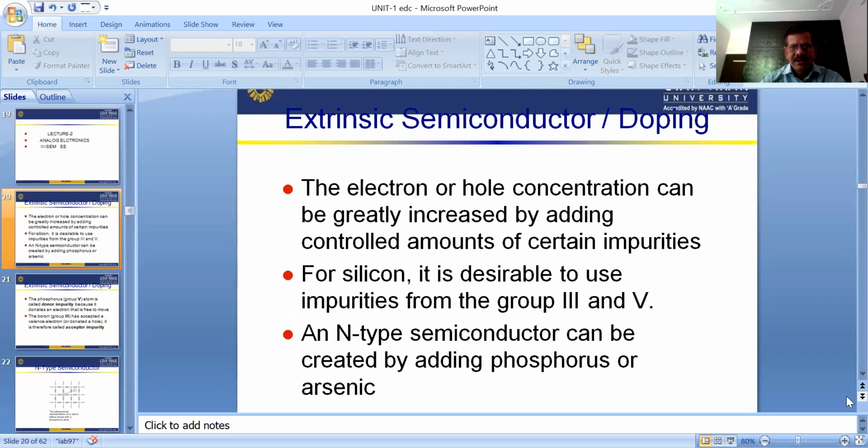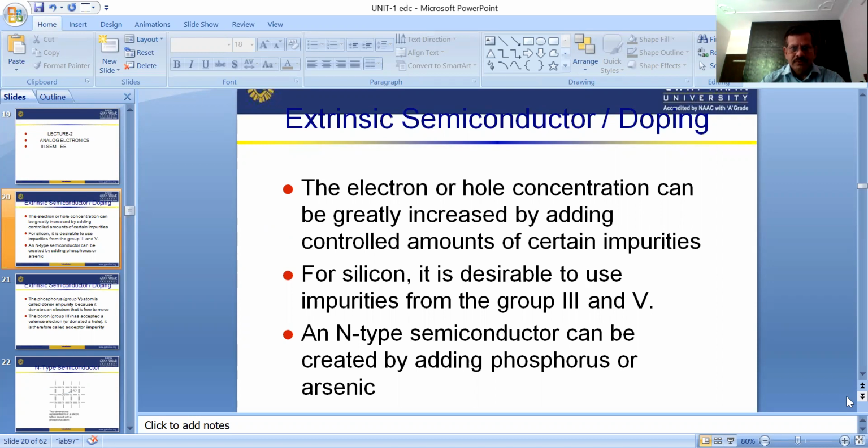It means that the electron or hole concentration in any semiconductor can be increased by adding controlled amounts of certain impurities. That process is called doping. Doping means adding impurities to the semiconductor materials.